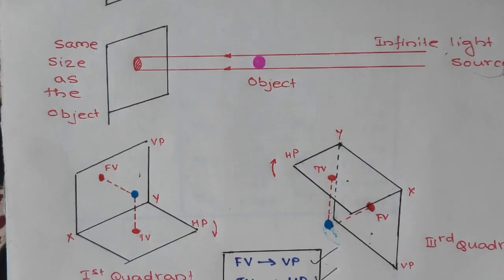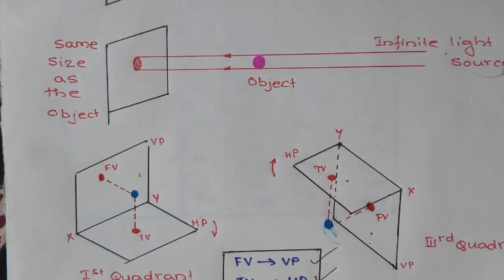Then we have seen the three cases when the RF is equal to 1, RF is greater than 1 and RF is less than 1. Also we have seen the recommended scales as per the drawing standards for the enlargement scales, the full size scales and the reduction scales. Then we have seen the orthographic projection.